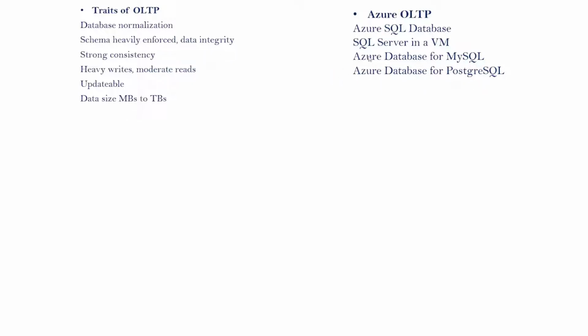So again, my friends, these are all Azure relational databases, and you can see the same names represented here. All are designed to store OLTP data, online transaction processing. In one line, OLTP is the kind of workload where you are storing data of daily business transactions.